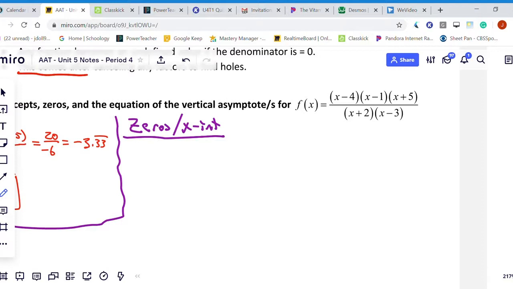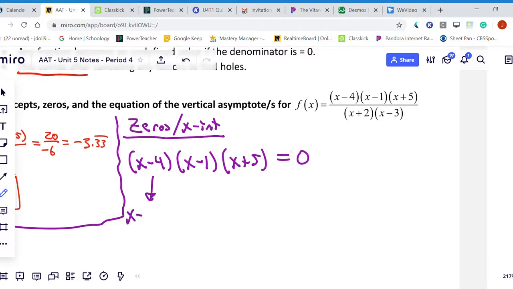So we're going to take the numerator, x minus 4 times x minus 1 times x plus 5, and set it equal to 0. Since this is already written in factored form, this is really easy. We just use the zero product property. If I have factors set equal to 0, I can set each factor on its own equal to 0 to find the solutions of the equation.